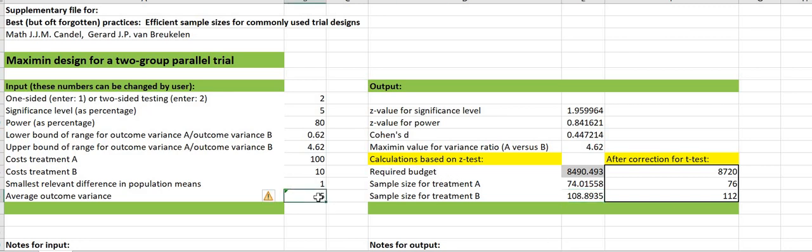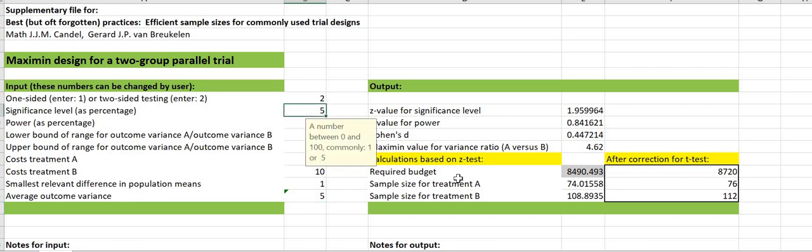All the things that hold for power still hold here. For example, if I change Cohen's d to be a medium effect, the sample size goes down. If I assume there's a large effect, the sample size goes down further. If I go to the small effect, the sample size is large. Same as if you ran a regular power calculation.